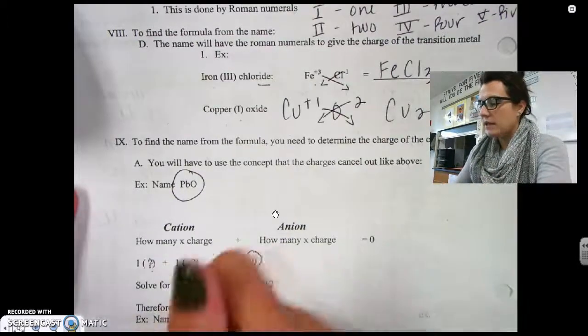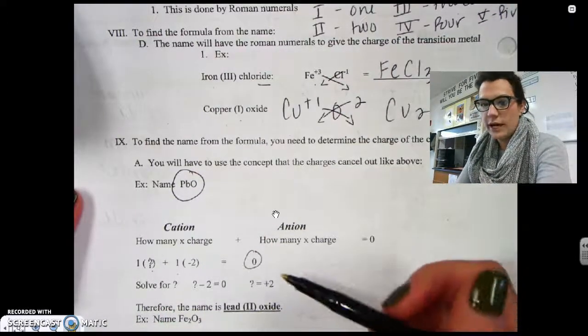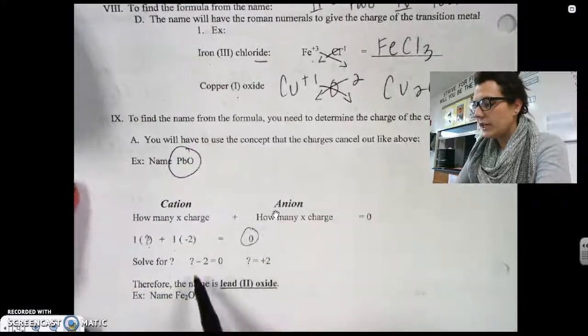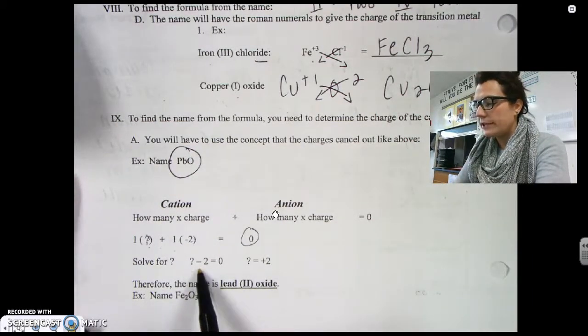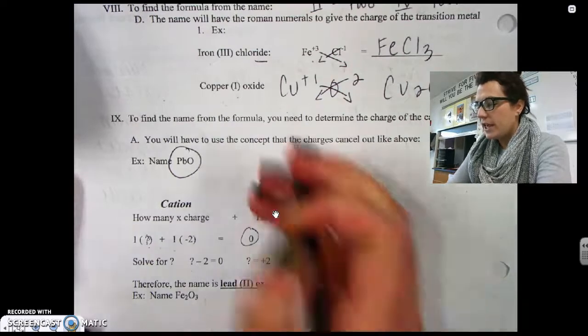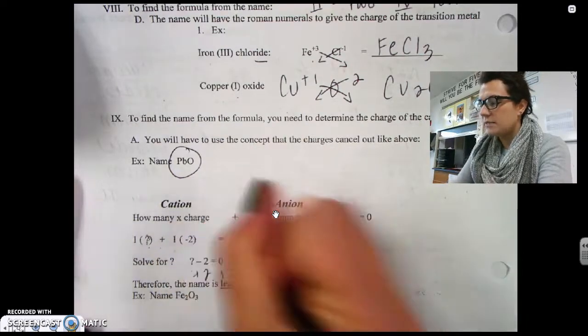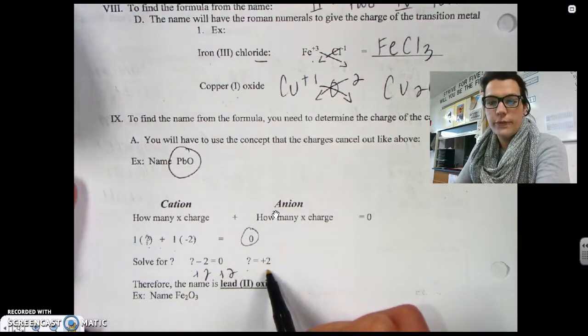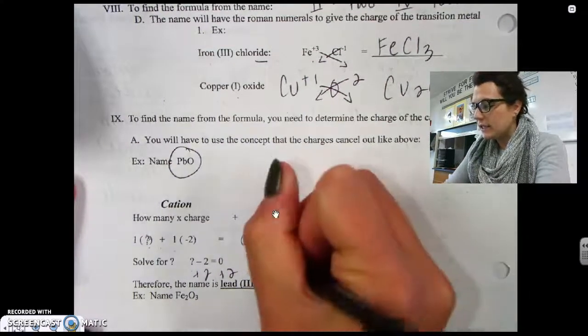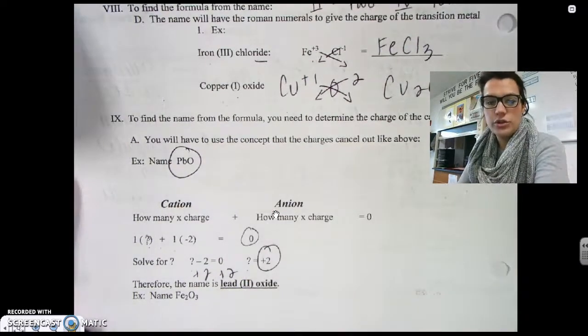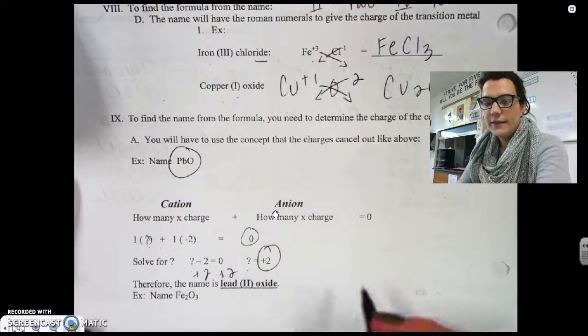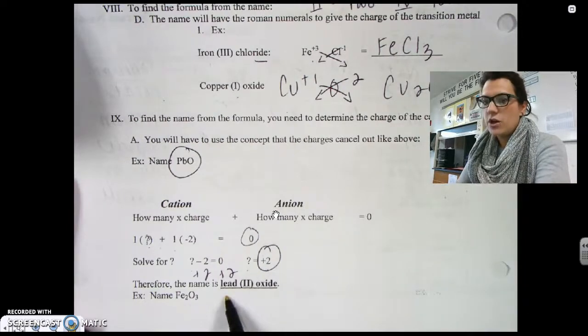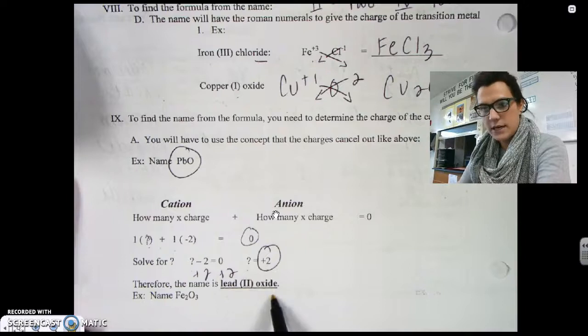Therefore, mathematically, if I solve for the question mark algebraically, I should get my question mark minus 2 is equal to 0. And then if I add 2 to both sides, my question mark will become plus 2. So this indicates that lead's charge is plus 2. Therefore, I'll name this lead 2 oxide.